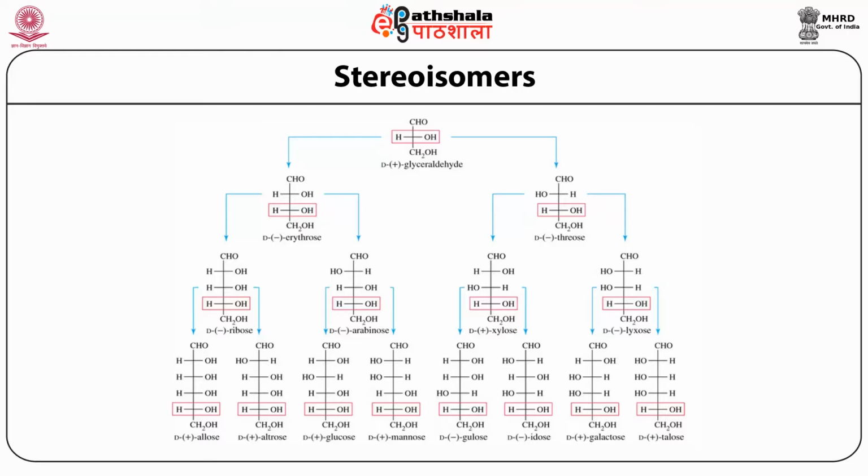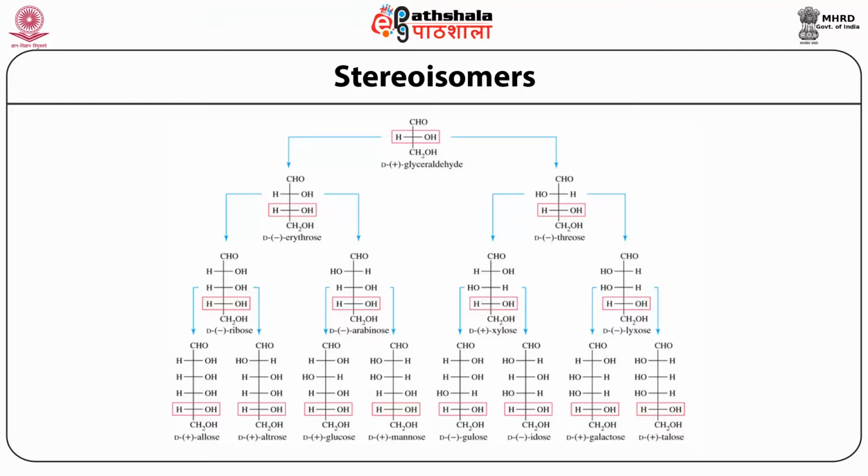D-ribose is one example of a pentose, which is an important part of DNA and RNA structure. In case of hexoses, there are 4 chiral centers, which gives 16 stereoisomers, 8 in D series and 8 in L series. D-glucose, D-galactose and D-mannose are stereoisomers of each other, but they differ in configuration at C4 and C2 position respectively.